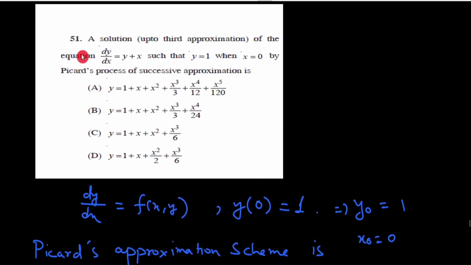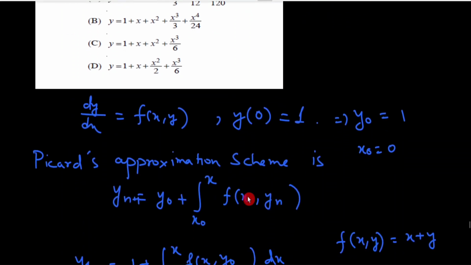Question number 51 says that the solution up to third order approximation of the equation dy dx equal to y plus x such that y equal to 1 when x equal to 0. That means y at 0 equal to 1, by Picard's process of successive approximation. Now the Picard scheme is given by yn plus 1 equal to y0 plus integration x0 to x f of x, yn dx.